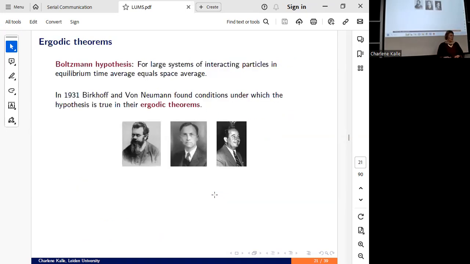So now let's go to some serious dynamical theorems, which are the ergodic theorems.